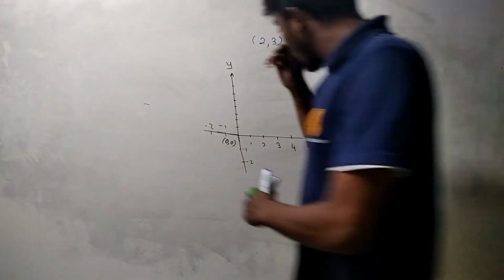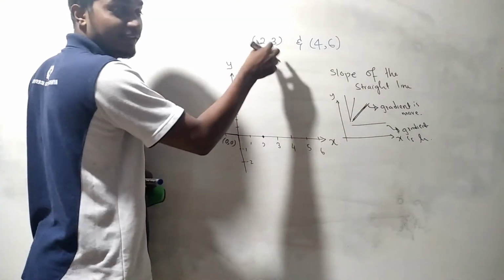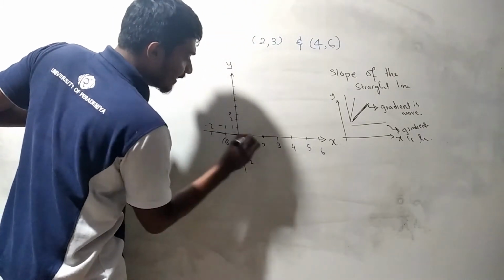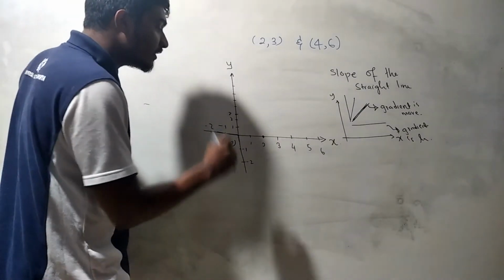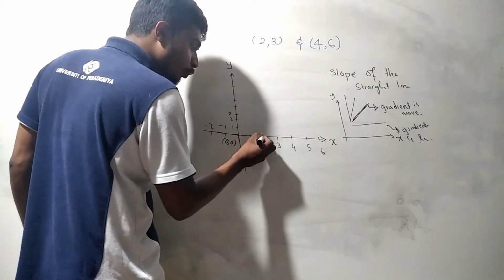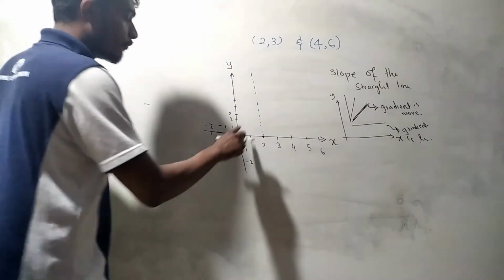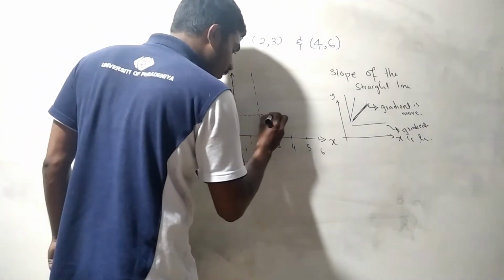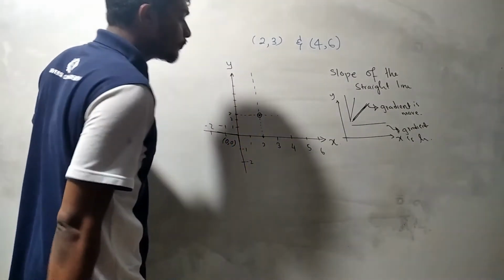So when they say 2 comma 3, it's 2 on the x-axis and 3 on the y-axis. To find the location of 2 comma 3, from 2 on the x-axis you drop a perpendicular, and from 3 on the y-axis you drop another perpendicular line. Where they meet is your point 2 comma 3.